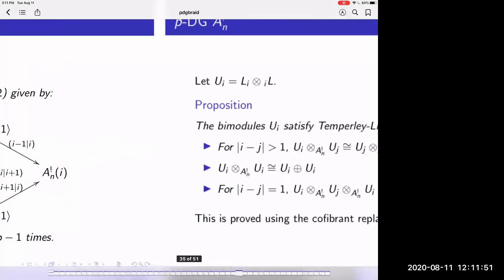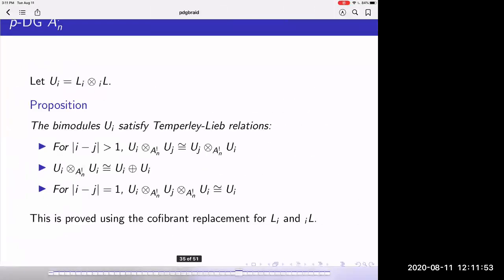Now we let U_i be L_i tensor _iL, and all these tensor products should really be derived tensor products. These bimodules U_i satisfy Temperley-Lieb relations.